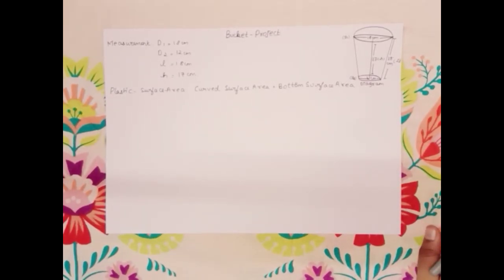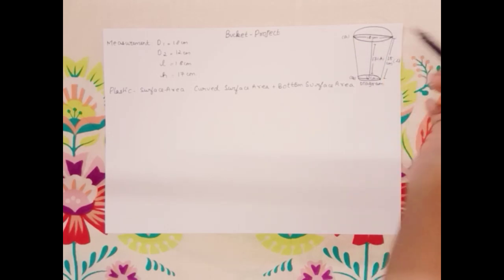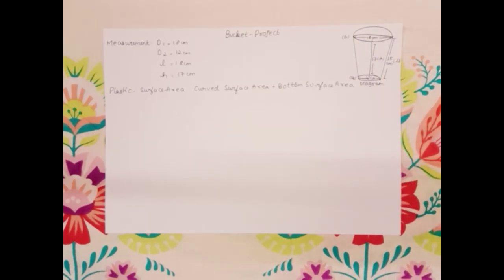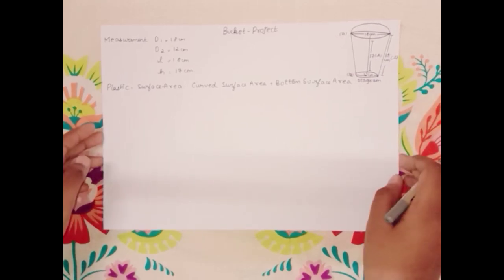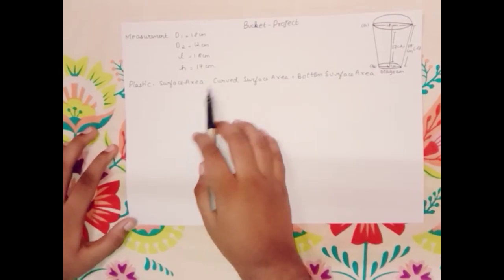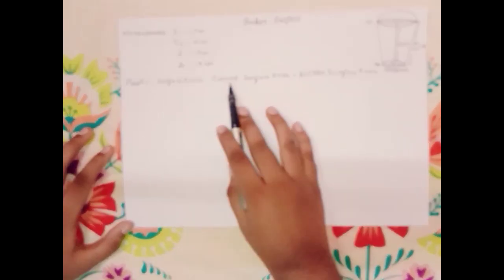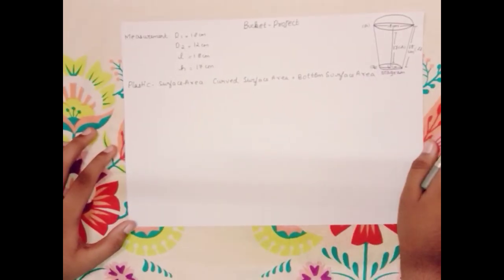Now we are going to find the plastic surface area of the bucket. As the bucket is in the shape of frustum, we will use the frustum of cone formula. So plastic surface area, that is total surface area, is curved surface area plus bottom surface area.